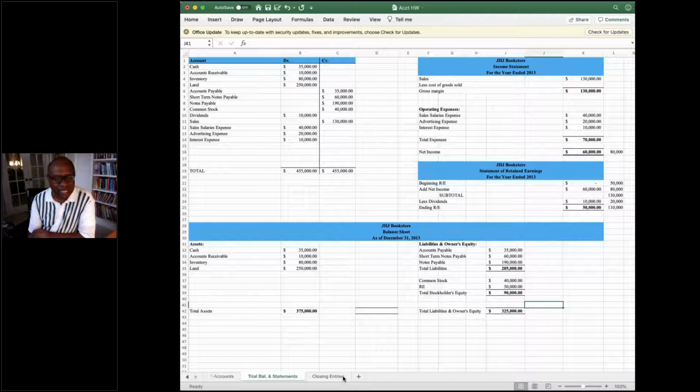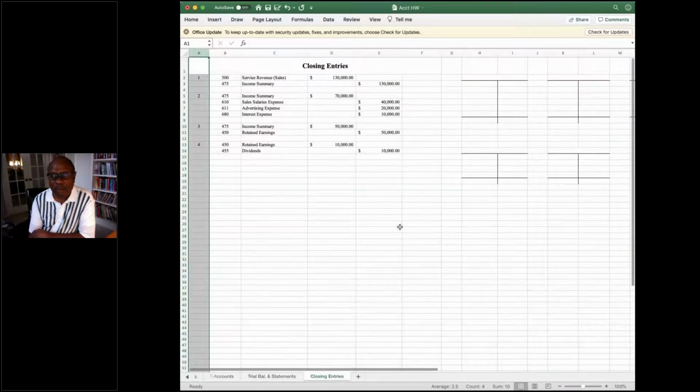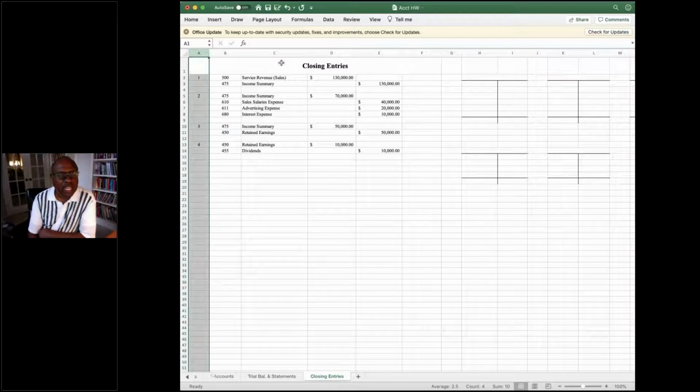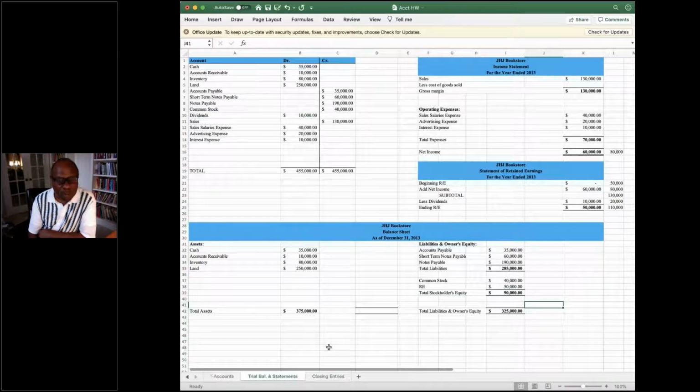So what I expect to see on closing entries. How many closing entries? 4. In the first closing entry, they debited sales revenue and credited income summary. So I'm assuming that if I go back here, I'll see 130 in this account.